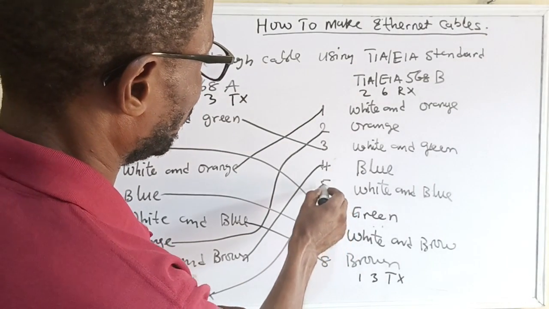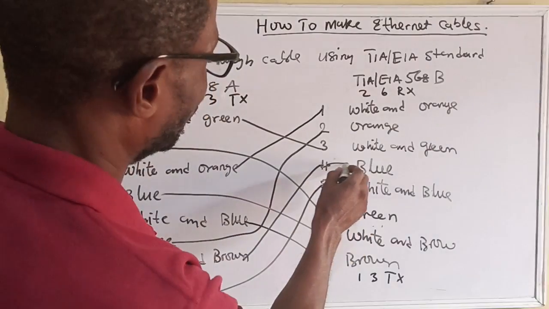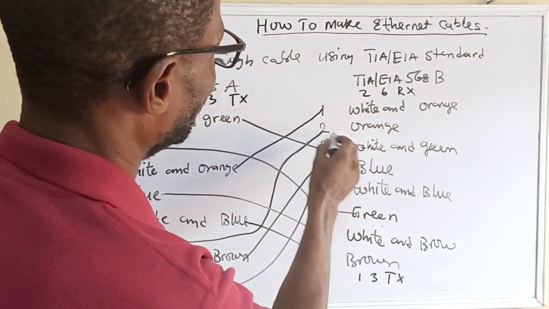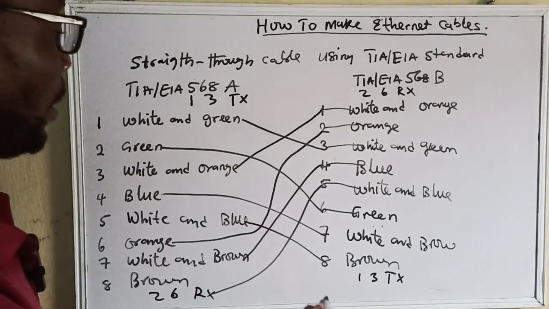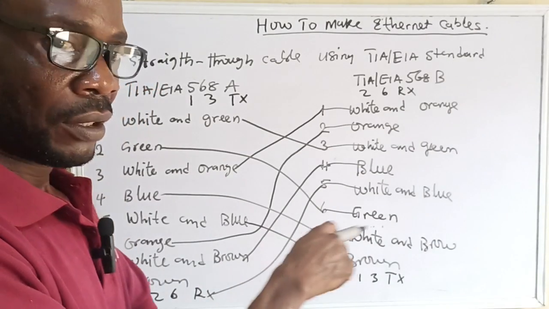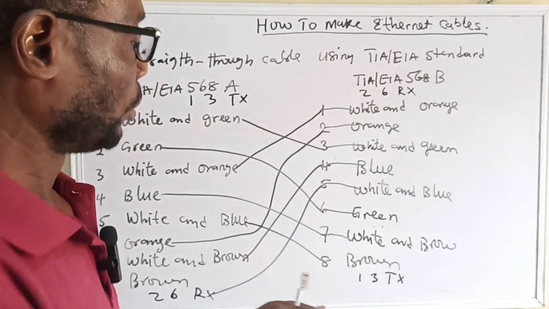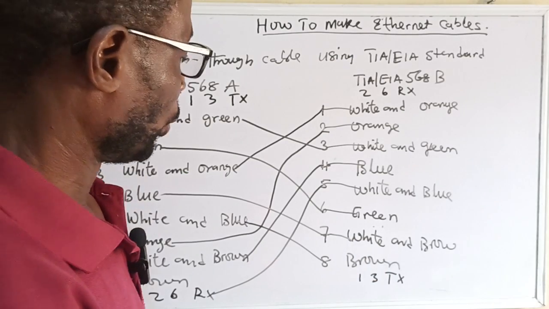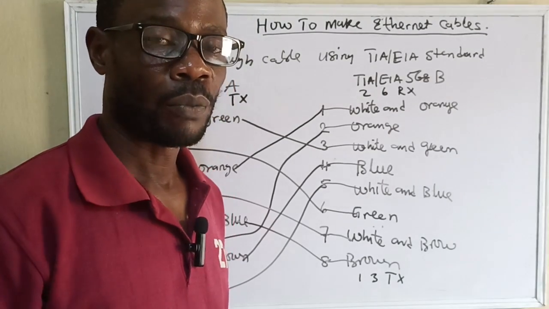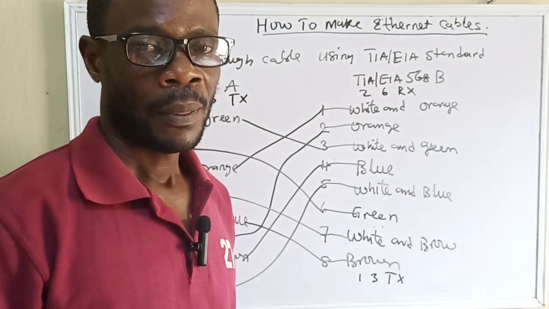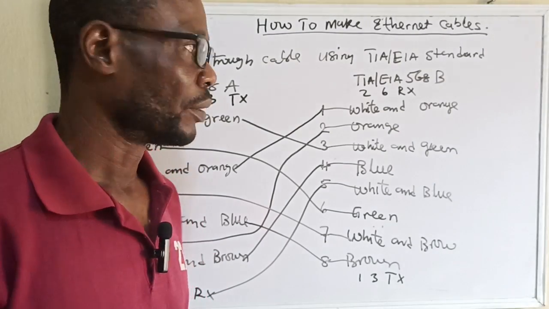This is 5, this is 6, this is 4, this is 3, 2, 1. You can see how it looks as if the cable is crossed. And you use a crossover cable for router to router, switch to switch, computer to computer, hub to hub, just like I said in the introduction part of it.